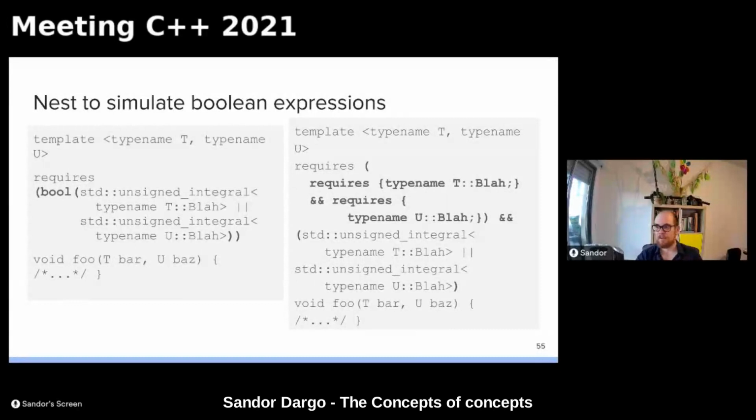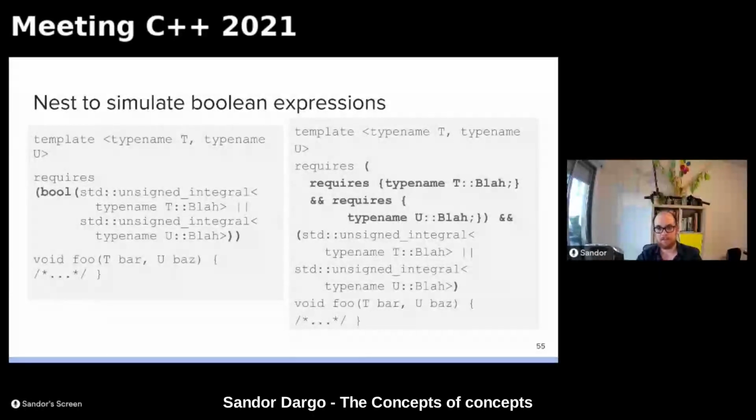So I just want to repeat the same example that I showed you earlier with the blah. With the blah example, on the left side, you see that either you use a Boolean cast to make sure that both T and U have a nested type blah, but it's not really readable. It's difficult to understand. Or you use some nested requires expressions within this requires clause, where you make sure that both T and U have the blah.